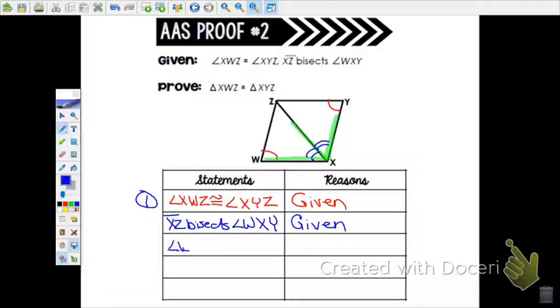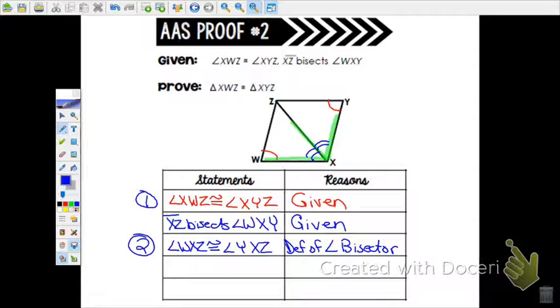So angle WXZ is congruent to angle YXZ. And again, that's my definition of angle bisector. So there's my second congruency statement.